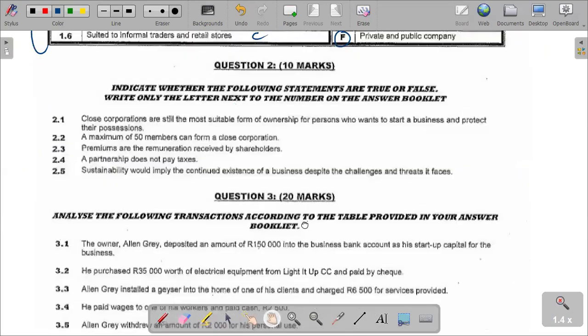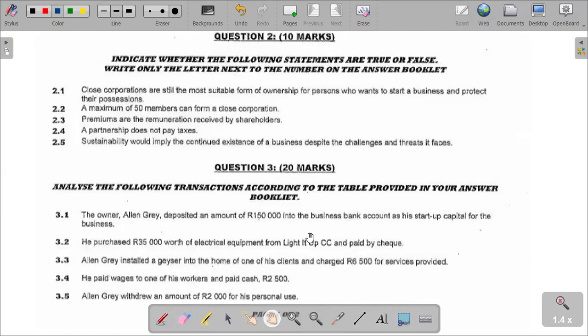All right. And then let's move on to question two. Question two says, indicate whether the following statements are true or false. Write only the, so this is how you write your answer now.